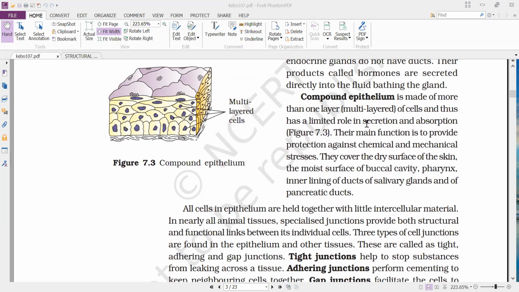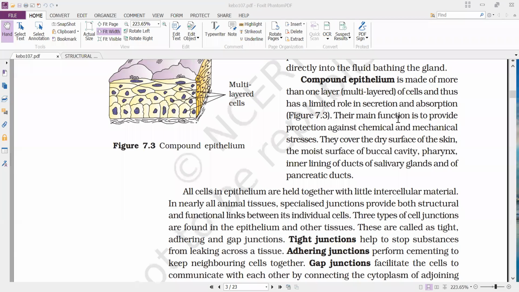That means as they consist of many layers, it has a limited role in secretion and absorption. Their main function is to provide protection against chemical and mechanical stress.